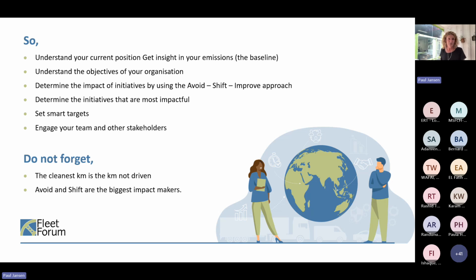Before you set your requirements, because requirements might have changed over the years. The infrastructure and the operating environment might have changed over the years. And I know it might be easier to just take the old requirements and make your specifications based on that, right? But if you do that, then you might not have the vehicle that is fit for purpose and that suits your profile. So take that into account as well.